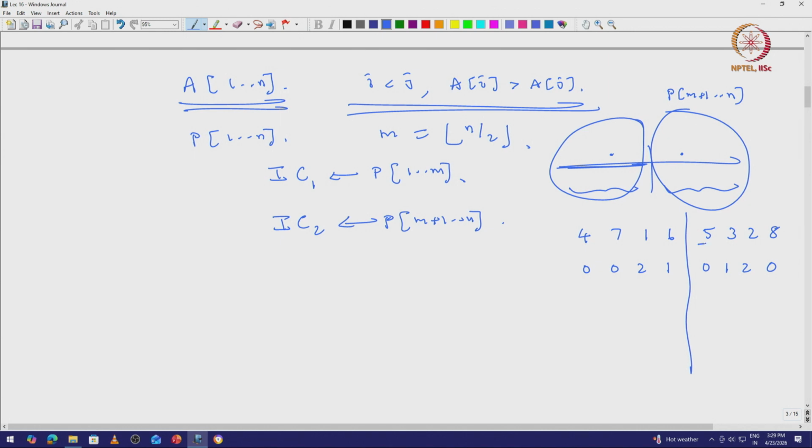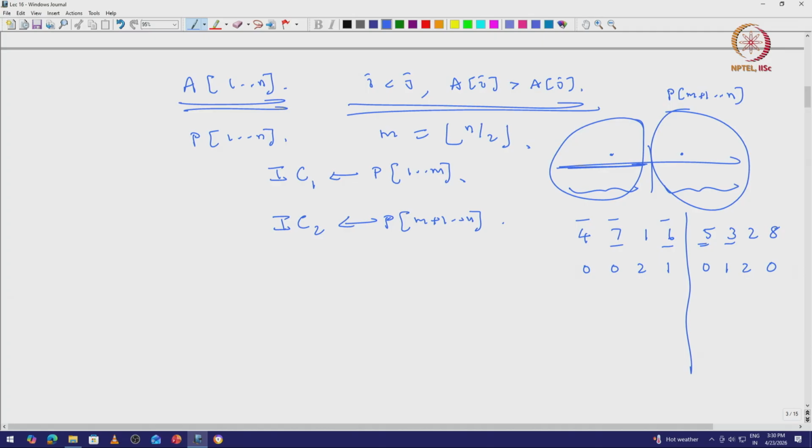However, 5 has got these two guys here larger, that I have to figure out. Similarly, 3 has got all these things that are larger. These are called a cross count. Cross count is how many elements in the left are larger than the elements in the right.